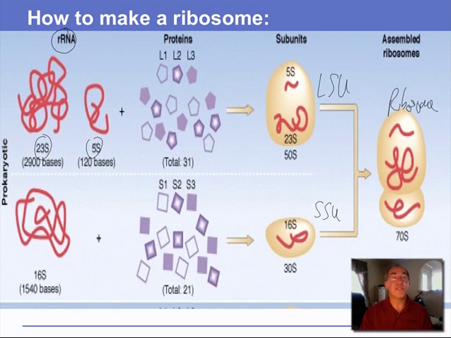There's a large and a small bit of ribosomal RNA, plus a whole bunch of ribosomal proteins gives you this unit here. Similarly, another piece of ribosomal RNA, this one 16 units in weight, plus some more proteins gives you the small subunit of the ribosome.